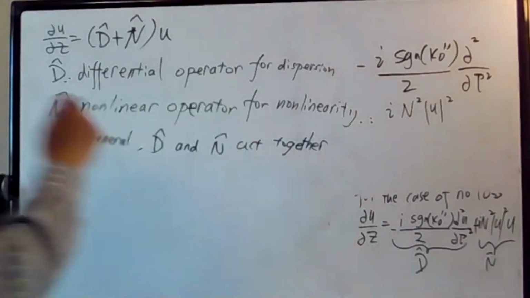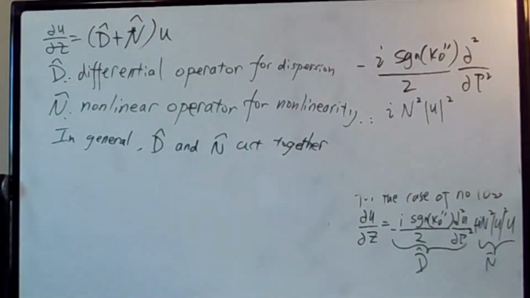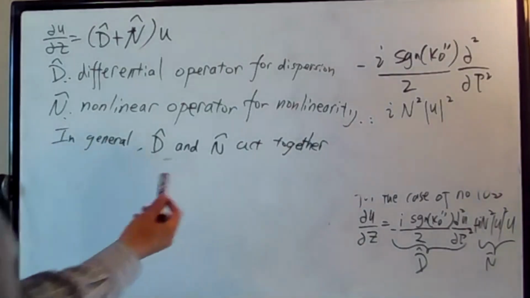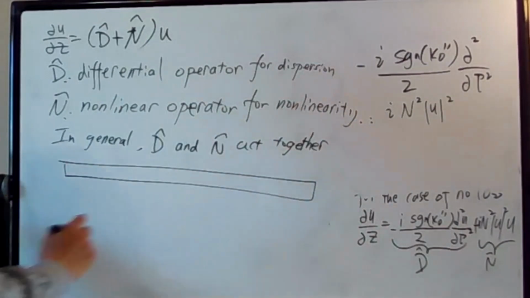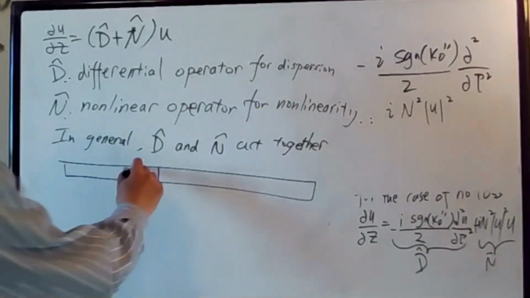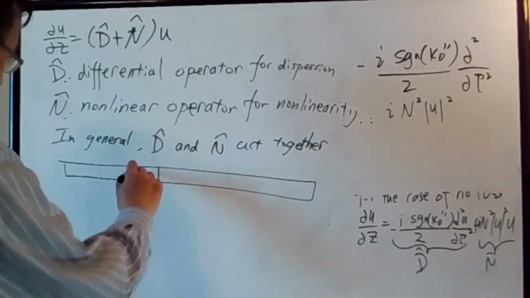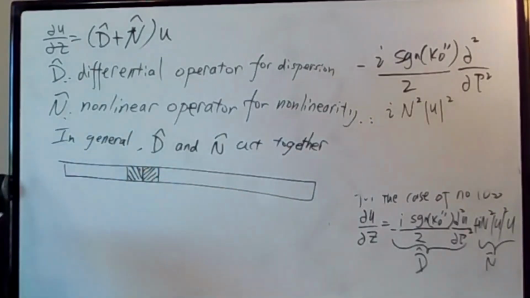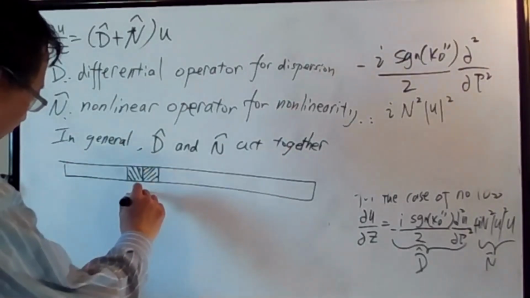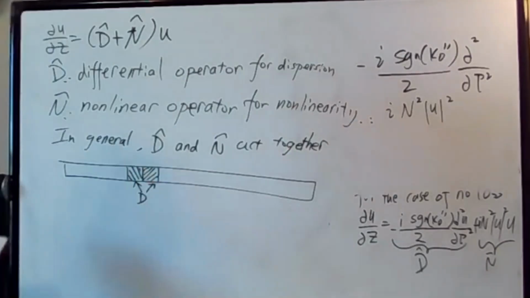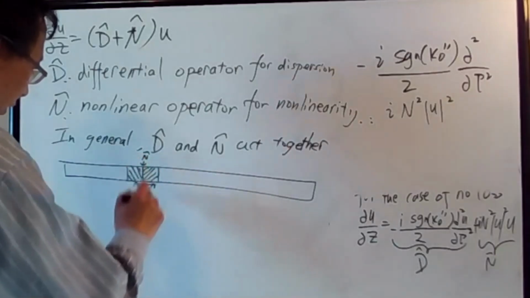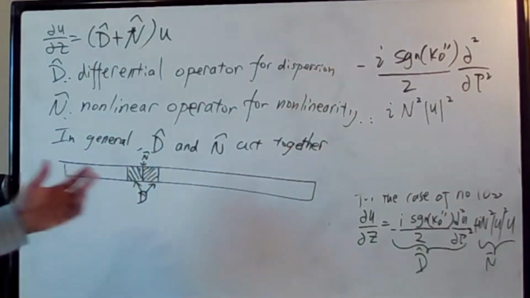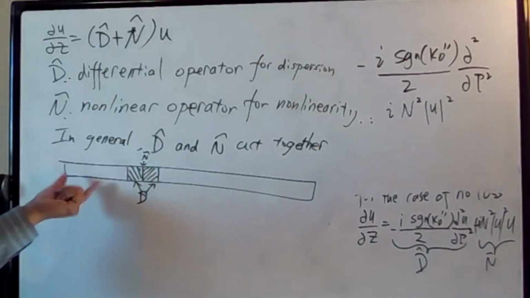Okay, so in general, D and N act together, and the way you solve this is usually in steps. In each step, we solve the dispersion for half a step here and half a step there, and we calculate the nonlinear operator in the middle. In other words, you have small sections.